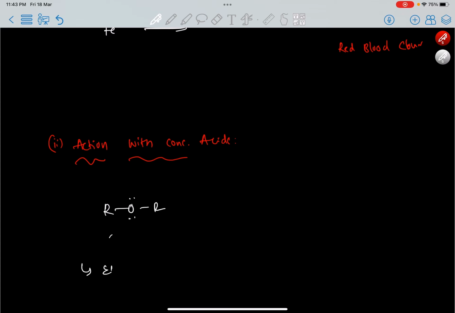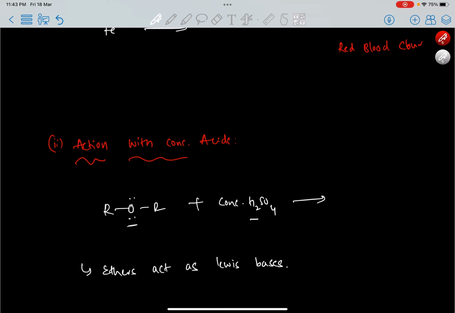So ethers act as Lewis bases already. When it is combined with concentrated H2SO4, now what happens? It acts as a Lewis base, and this base abstracts proton from this sulfuric acid.